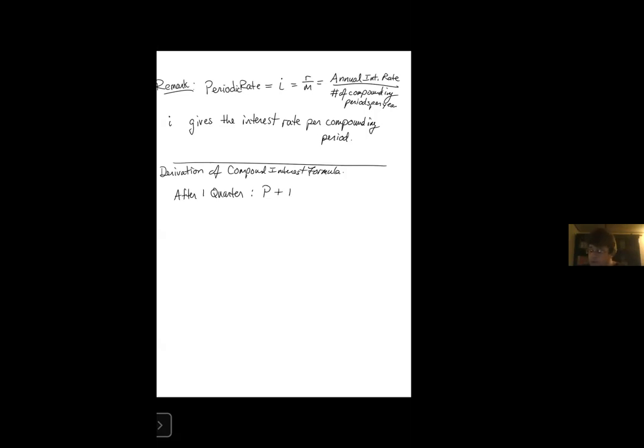Where did that come from? P times the interest rate i. So after the first quarter, it had 1,000 plus 1,000 times the periodic interest rate, the interest rate per compounding period. And you can simplify that: P times 1 plus i.